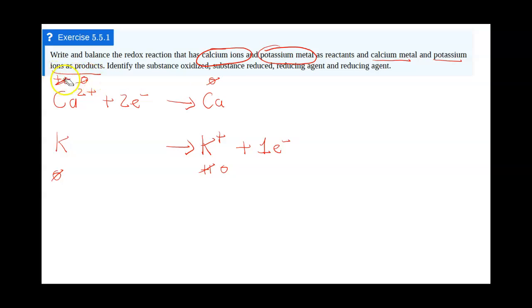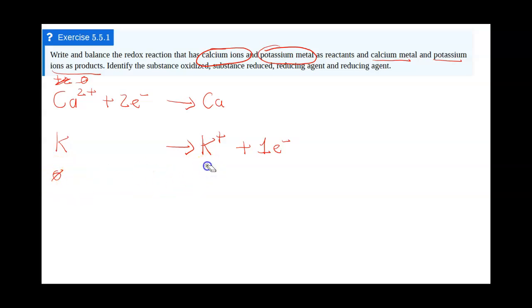So at this point, we have our half equations looking pretty good. The charges are all figured out. We have the correct number of electrons on either side of our arrow.